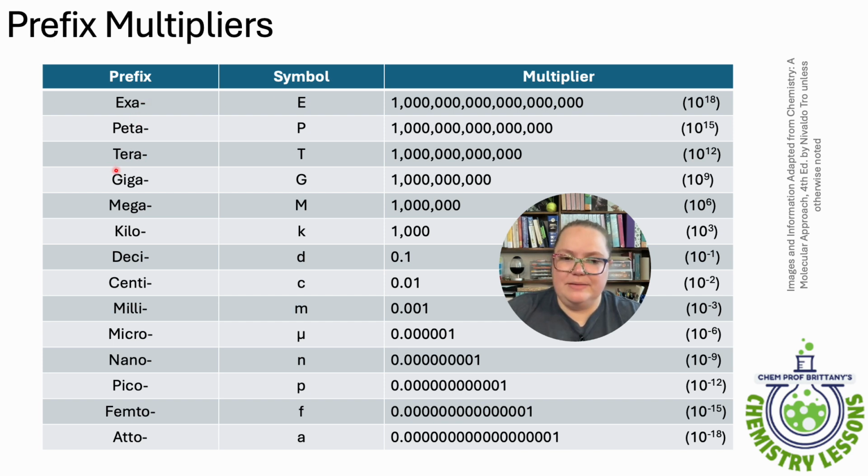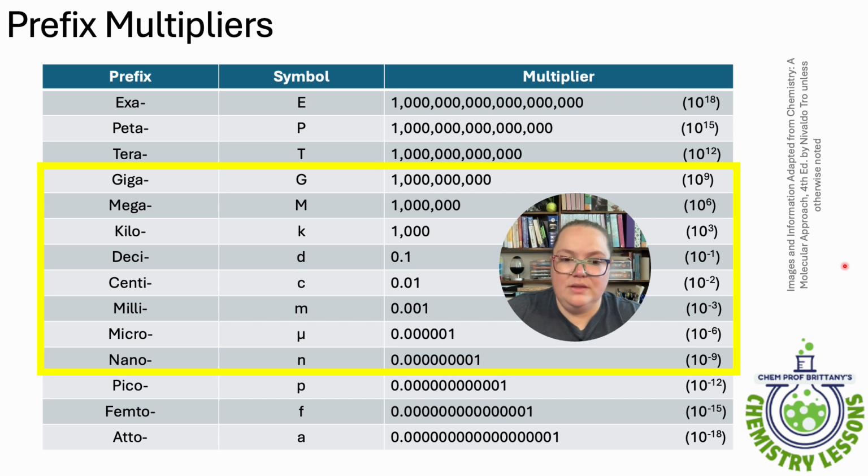When you start getting to something that's more relevant and something you've probably used before, we've got giga, which means a billion. So a gigabyte, like the memory on your phone, a gigabyte is 1 billion bytes. Other relevant ones include mega, kilo, deci, centi, milli, micro, and nano.